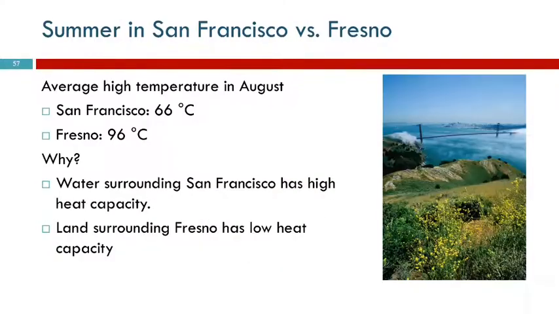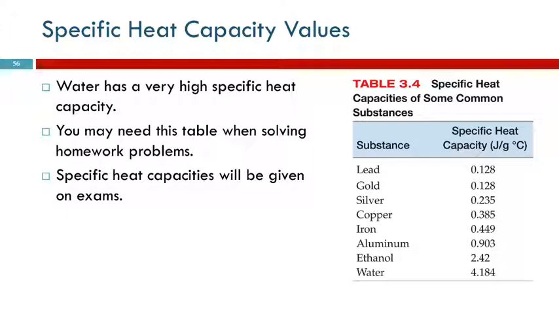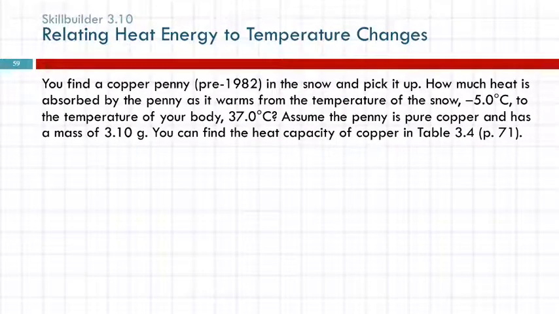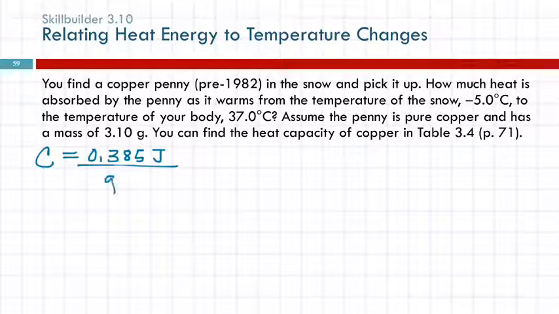Or we can find it right there, copper. So this is the specific heat capacity of copper, specifically, 0.385 joules per gram degree Celsius. So since they told us to go look for that, C is 0.385 joules over grams times degrees Celsius.